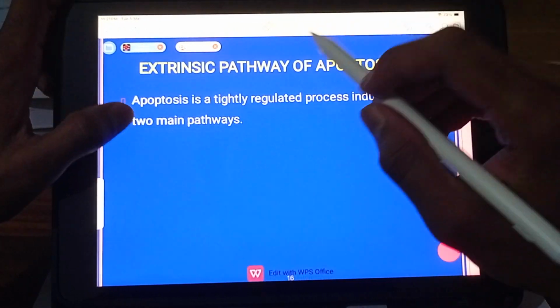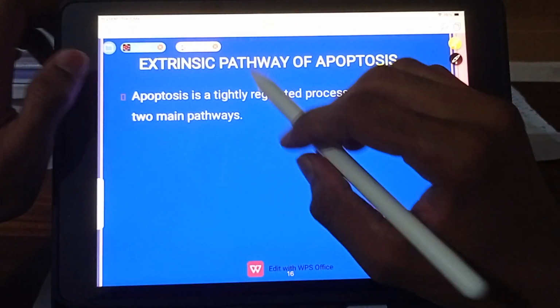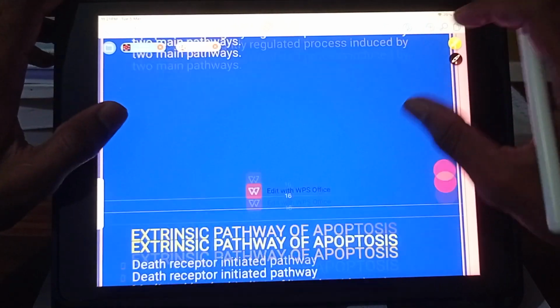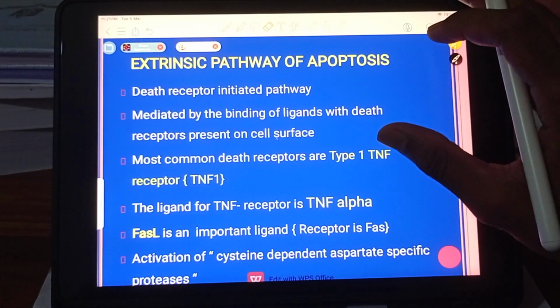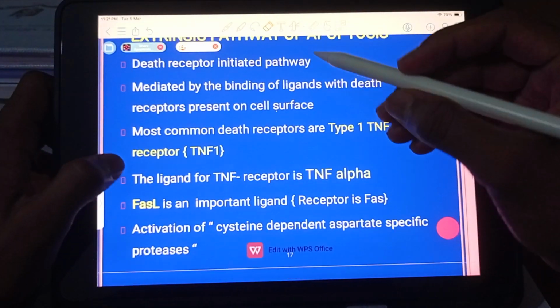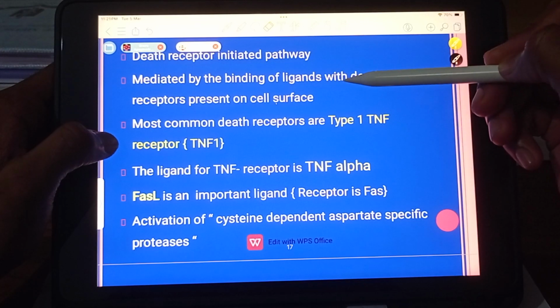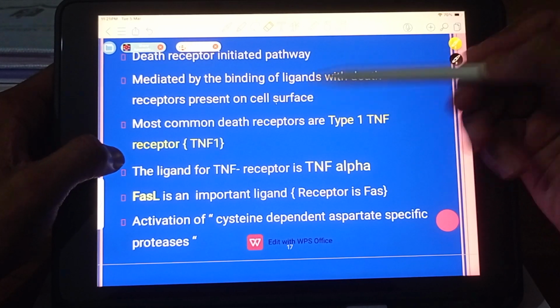70% is over. Then we can read the extrinsic pathway first. The apoptosis is tightly regulated by the process induced by two main pathways. Extrinsic pathway: first of all, the death receptor initiated pathway, I told that, mediated by the binding of the ligands with the death receptors present on the cell surface.